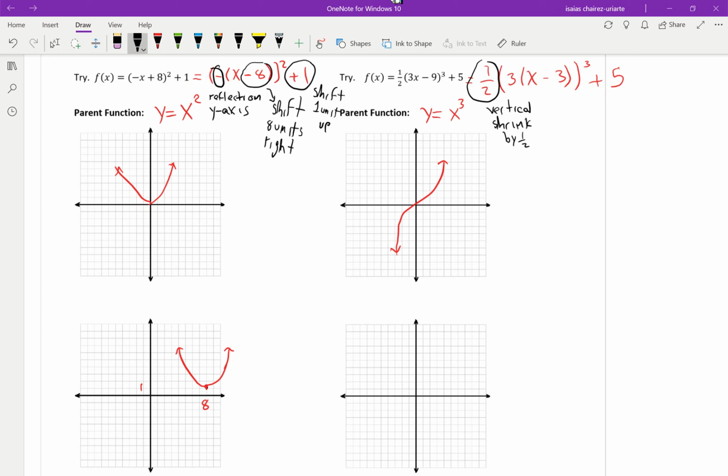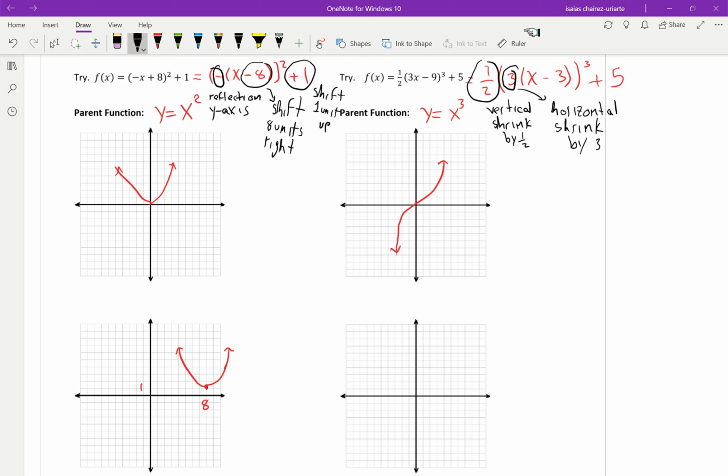Okay, what does this 3 do to my graph? Turns out that since this number is larger than 1, the 3 is a horizontal shrink by 3.